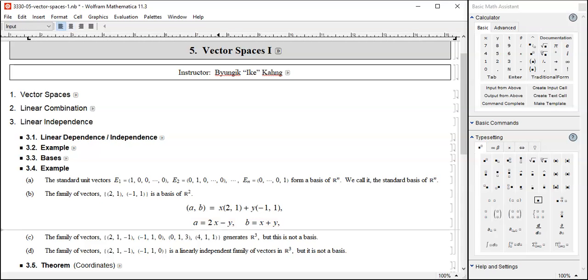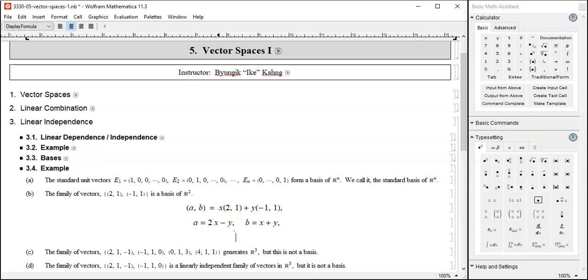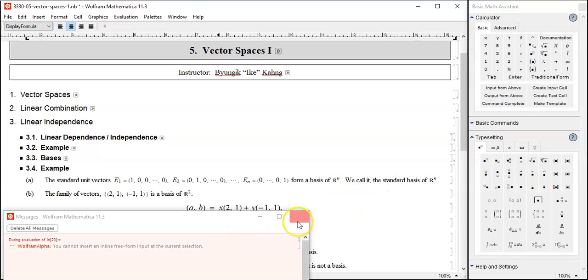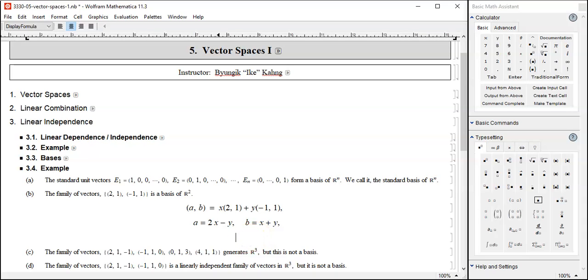Looks like it's not too bad. If I simply add these two up, I get a plus b. A plus b is equal to 2x plus x, so it is 3x, and y will be gone, and we get x equal to (a plus b) over 3.